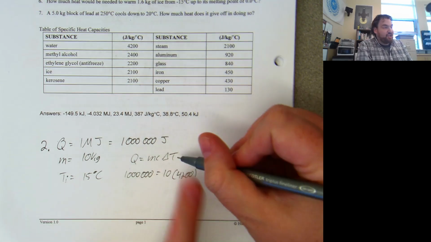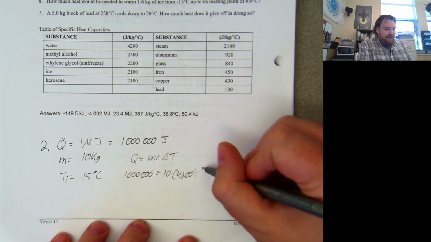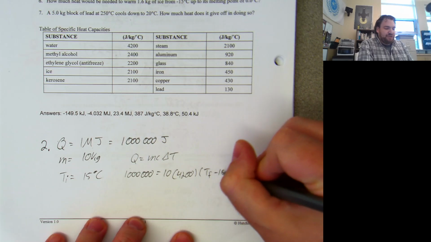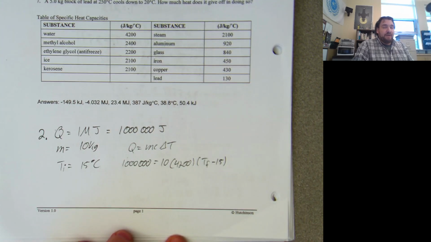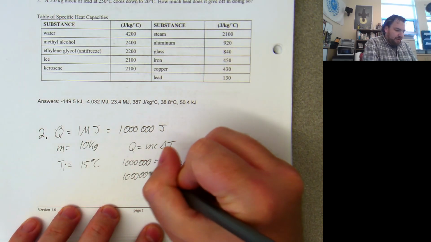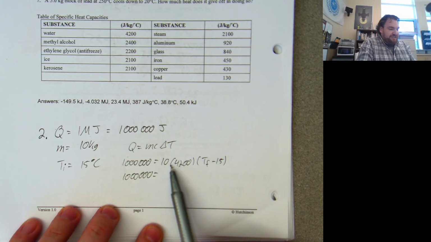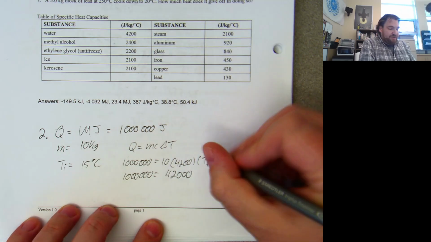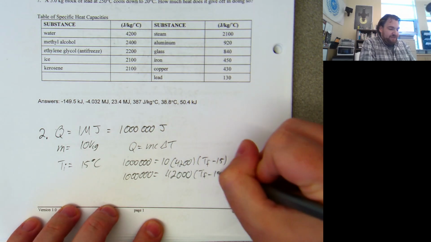And delta T, the change in temperature, is your final temperature, T final, which is what we're looking for, minus your initial temperature, 15. So to make our life a little bit easier, this is going to become 1 million. We're just going to multiply these two together, which just adds a 0, to become 42,000 times (T final minus 15).